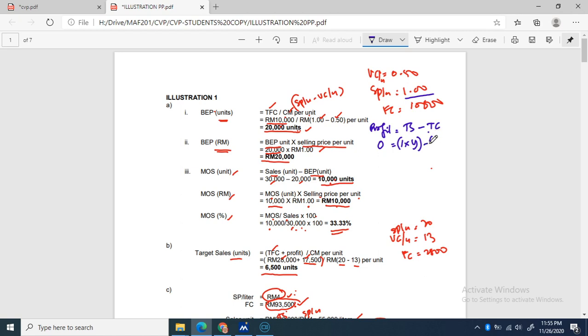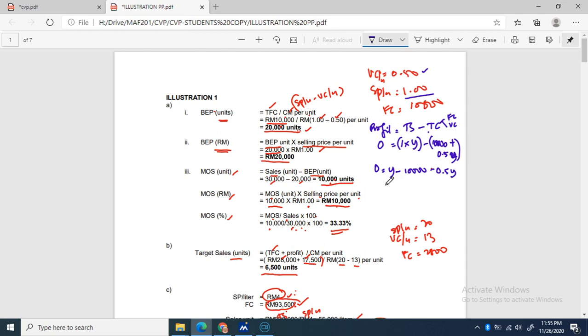Minus total cost. Total cost consists of fixed cost and variable cost. Fixed cost is 10,000 plus variable cost. Total variable cost is variable cost per unit 0.5 times y, the units that we want to get. So in this case, 0 equals y minus 10,000 minus 0.5y.